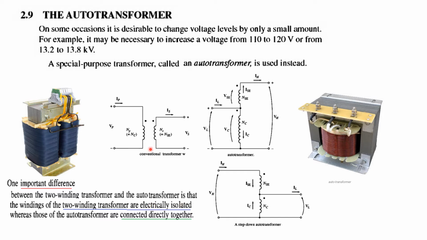There is no connection between the two windings in a two winding transformer, whereas those in an autotransformer are connected directly. So they are not isolated. In situations where we require isolation, we cannot use an autotransformer.